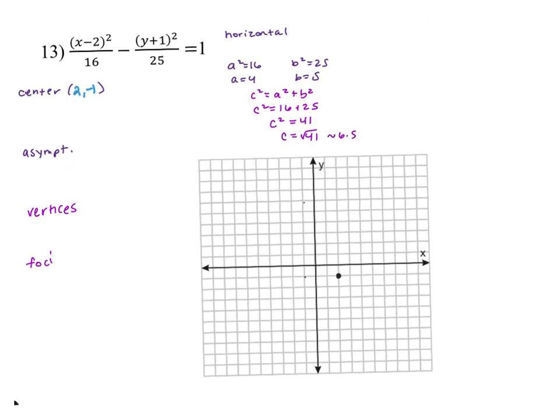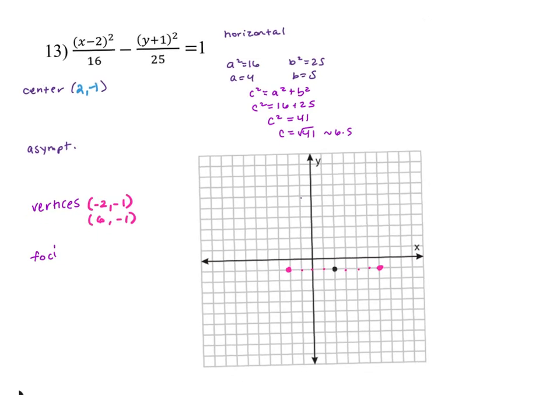Now I want to plot my center (2, -1). I want to go right and left the 4: 1, 2, 3, 4. Left, 1, 2, 3, 4. Those are my vertices, so that would be (-2, -1) and (6, -1). Then I want to do my b, which is 5: up 1, 2, 3, 4, 5, down 1, 2, 3, 4, 5.